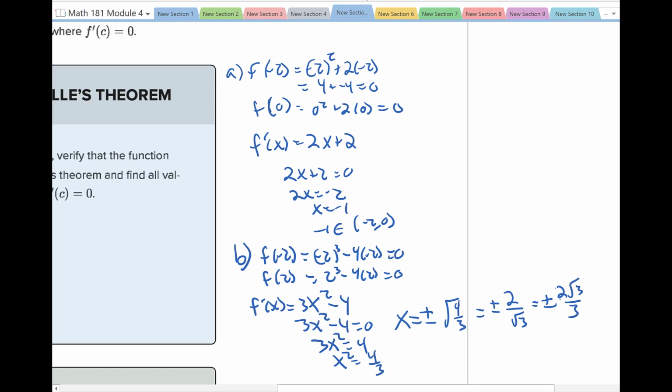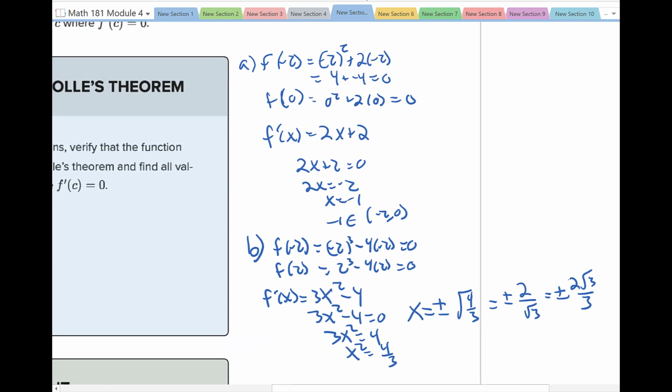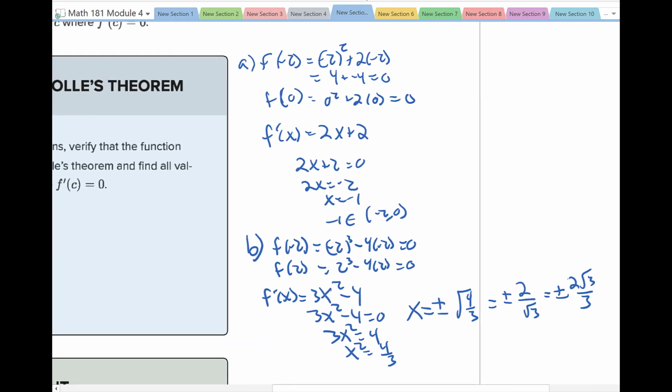And these both fall within that interval from negative 2 to 2. So plus or minus 2 root 3 over 3 is within the interval from negative 2 to 2.